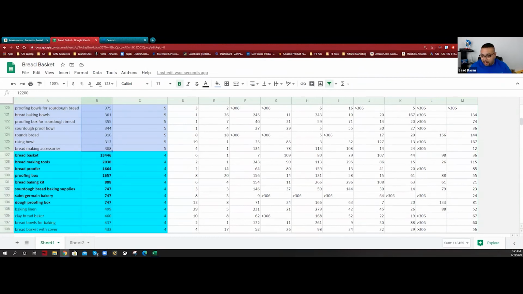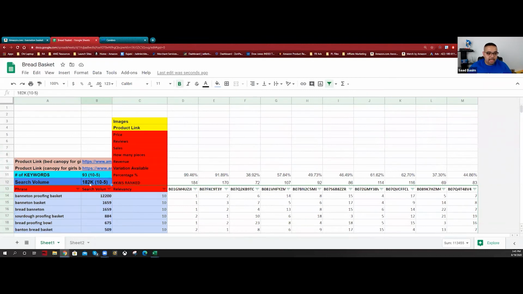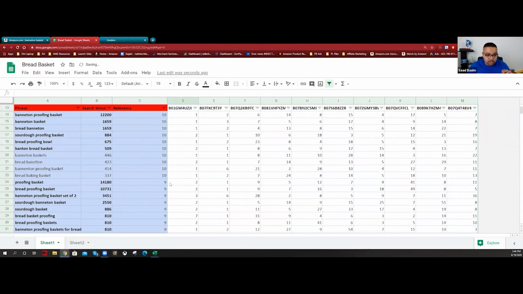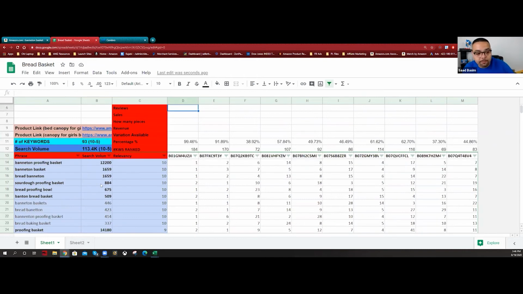Now here, if I count, I have 113,000. So I have 113.4 thousand search volume for the high relevant keywords from 10 to 5, which are the highest related keywords.